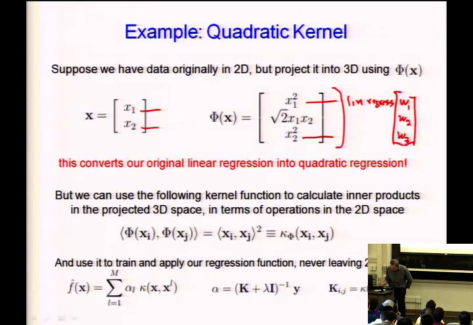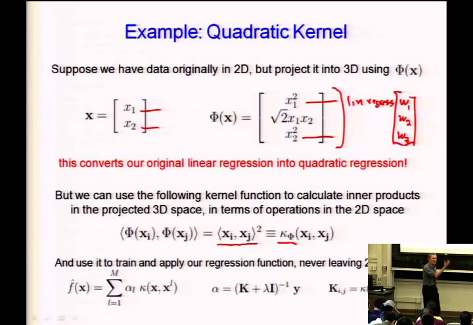I'm going to be learning a w1, w2, w3 vector, take linear combinations of those. That's precisely quadratic regression. So doing linear regression up in this expanded space gives me quadratic instead of linear regression effectively.